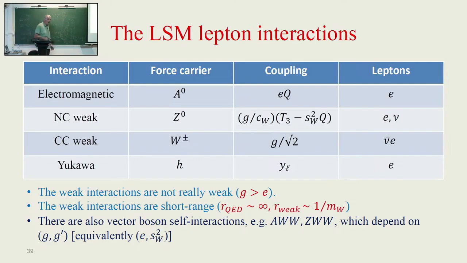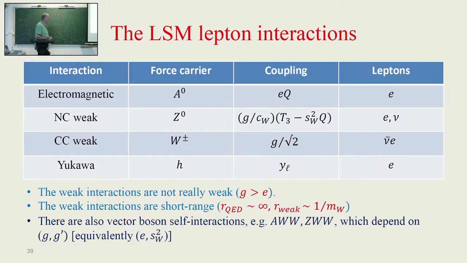While the QED interactions are mediated by a massless photon, and therefore the range is infinite, going like 1 over r squared, the weak interactions are mediated by massive vector bosons, be it the W or the Z, and therefore it falls exponentially at a distance which is 1 over mW or 1 over mZ, and is negligible at distances larger than that. And this is what makes them so difficult for experiments. This is why you have to build huge experiments with the hope that they will interact and stop them.